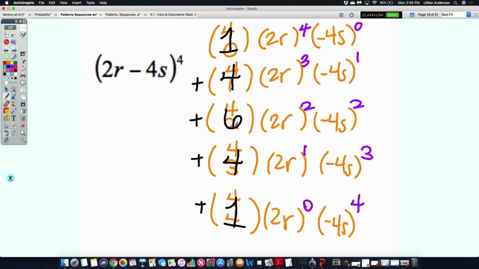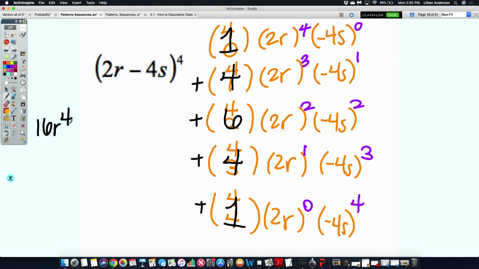So here I'm going to multiply 1 by 2r to the 4th power. What's 2r to the 4th power? 16r to the 4th. Very good, because what's negative 4s to the 0 power? 1. So that's just that. Then I'm going to multiply 4 by 2r to the 3rd. What's 2r to the 3rd? 8r cubed.